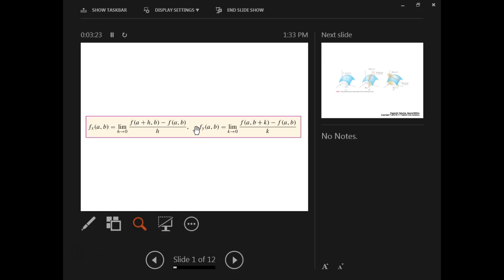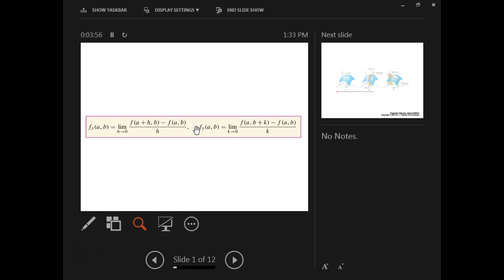So what you do there, you take the limit as some increment h goes to 0 along the x-axis, and this is pretty much our definition from before, the limit of f of a plus h, comma b, you're keeping b fixed here, okay, minus f of a, b divided by h, the difference. So this is the change of f with respect to x for a change of x. That's what that means.